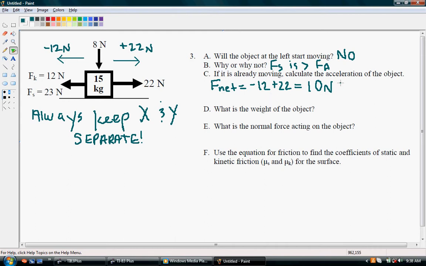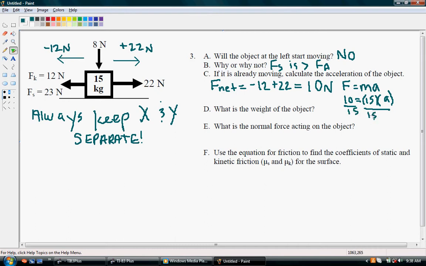But we don't necessarily want the force, we want the acceleration. We know that force equals mass times acceleration. So 10 equals 15, which is our mass, 15 kilograms, times our acceleration. In order to solve for our acceleration, we have to divide both sides by 15.